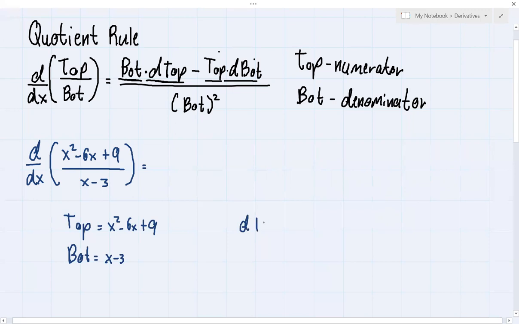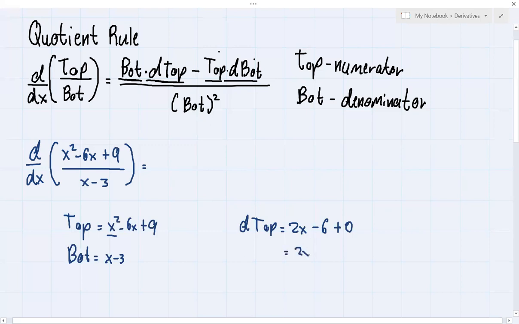So in here, the derivative ng top, the derivative of x squared, that would be 2x raised to 2 minus 1. So 2 minus 1 is 1. So we're just going to leave it as x. Next, derivative ng negative 6x, this would be negative 6. Then now, derivative ng 9, that would be just 0 because 9 is just a constant.